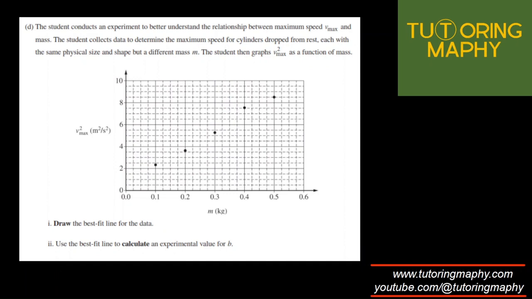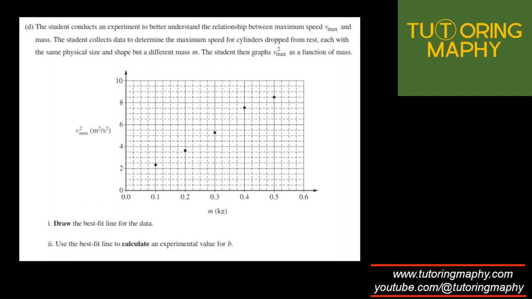The student then graphs v² max as a function of the mass. So this is v², this is mass. Draw the line of best fit. So this is pretty much drawing the line of best fit. Nothing too fancy here. We just try to draw the best line which we can.